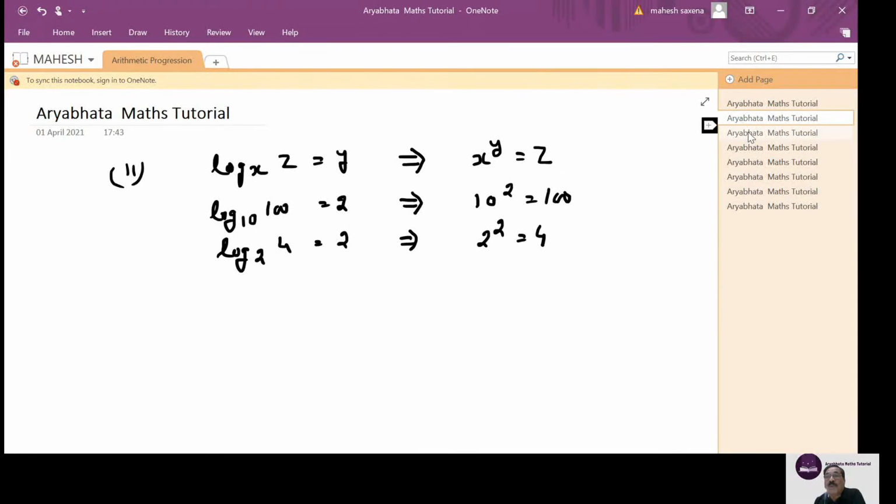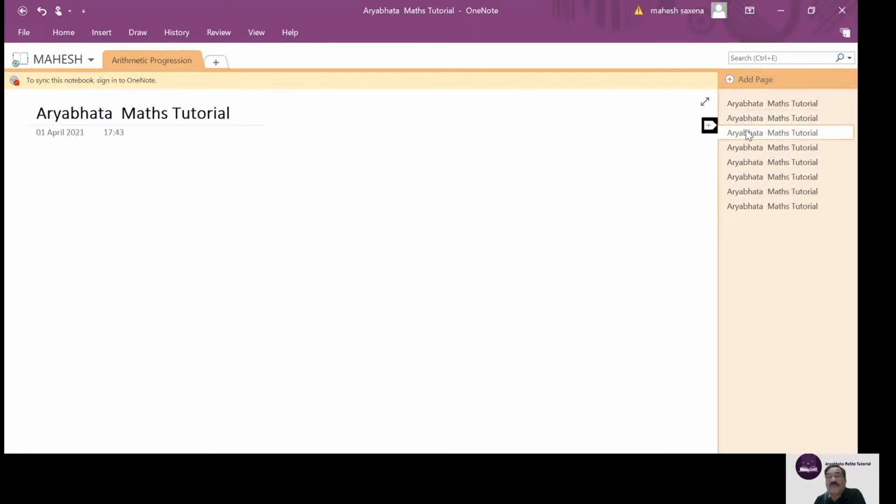Now we come to the properties of the logarithm. Suppose log base x of m times n is equal to log base x of m plus log base x of n.